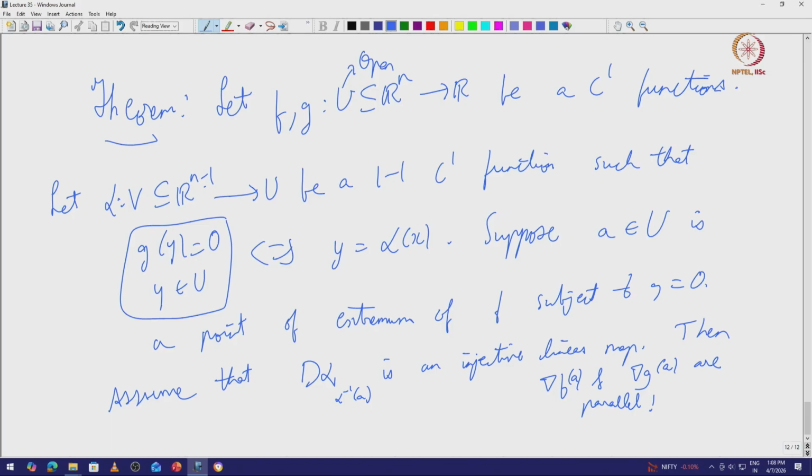In the method of Lagrange's multipliers, we say that if the gradient of g is not 0 at that point, so at least dg by dxi is not 0 for some i, then by the implicit function theorem you can solve for that coordinate in terms of the other n-1 coordinates, right. This is somewhat of a generalization in that suppose you can solve for all the coordinates in terms of new n-1 variables. Okay, you can solve the constraint just like in the method of Lagrange's multipliers, but in a different way.